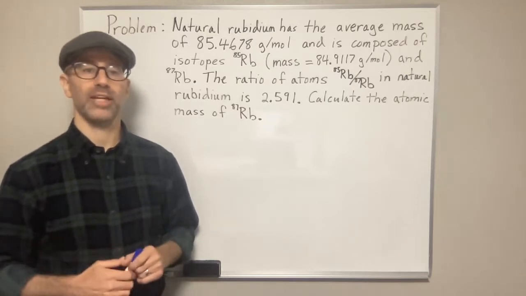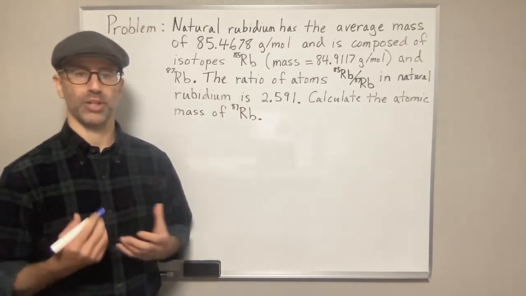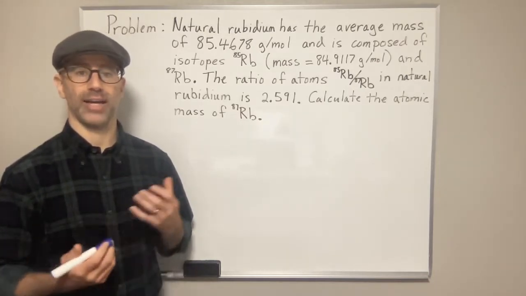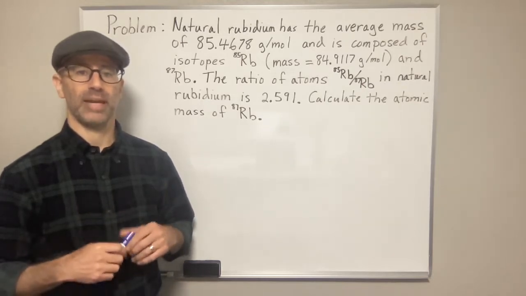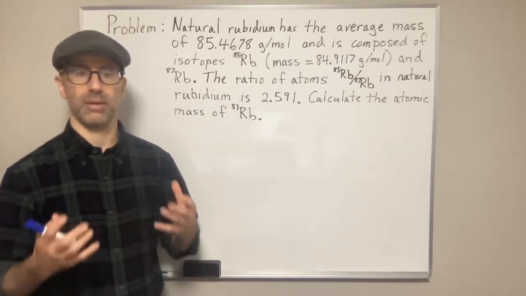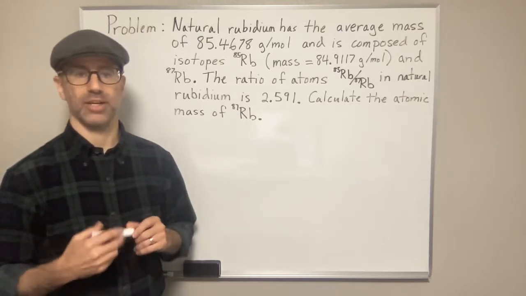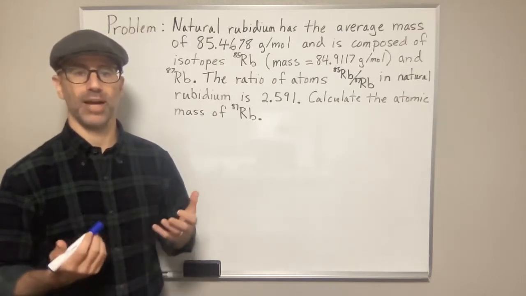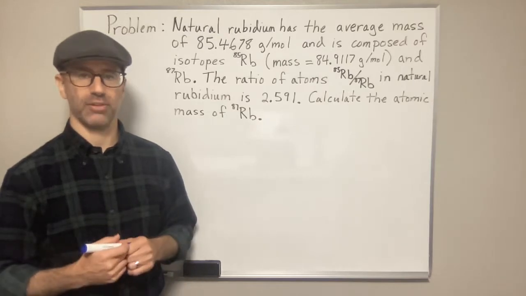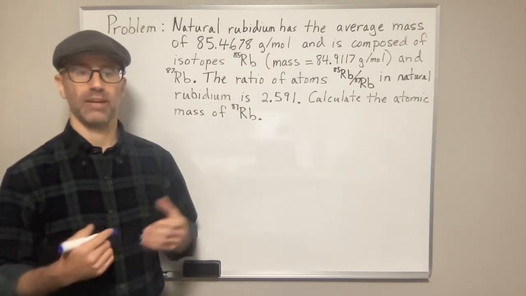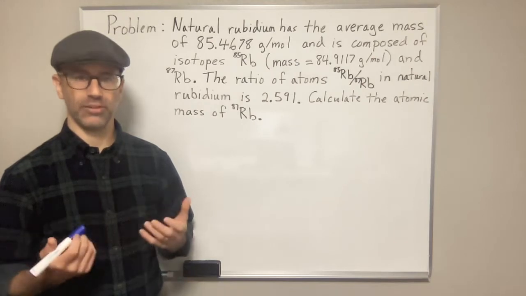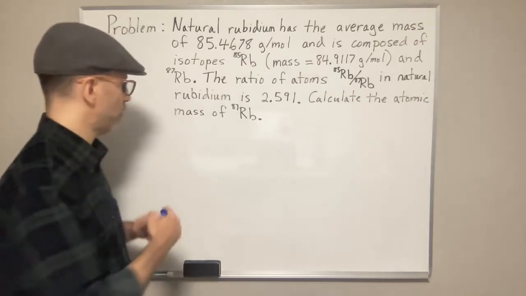But first we need to remind ourselves what the general equation is of how to calculate either masses or percent mass or percent abundance or the average atomic mass of an element. So how do you calculate the average atomic mass of an element when you're given information of the isotopes? Well, it's this equation right here.